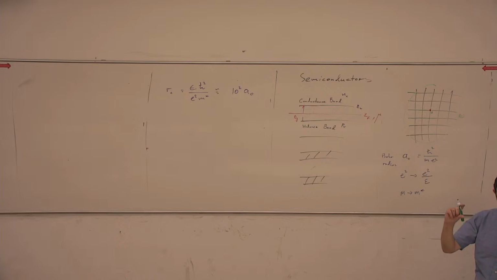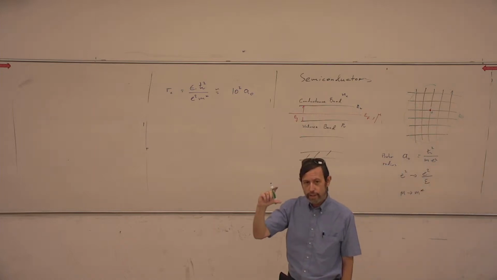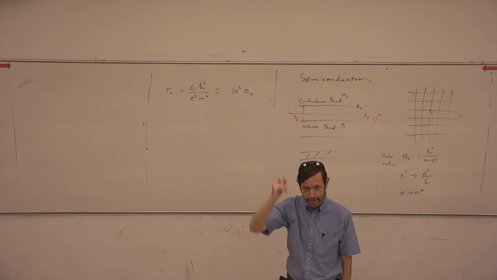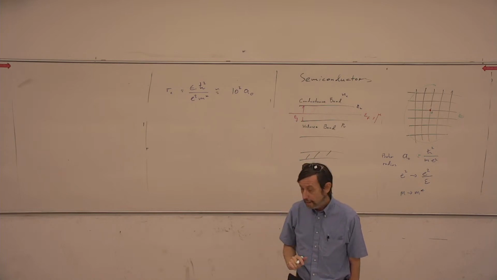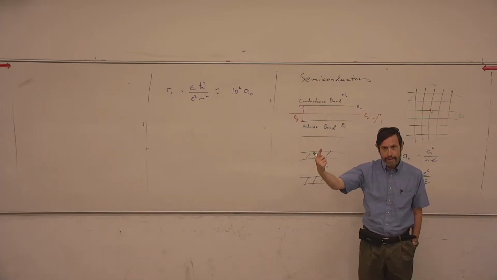It actually squishes the scale of energy. For a hydrogen atom, you need 13.6 electron volts to ionize it. Here, because the radius is so far, the energy will be much smaller.